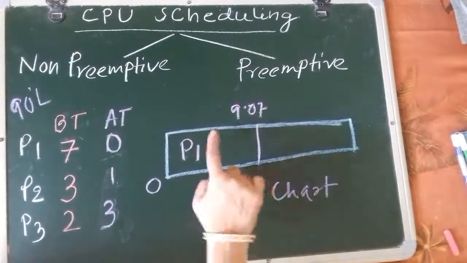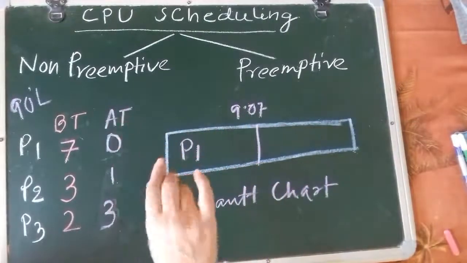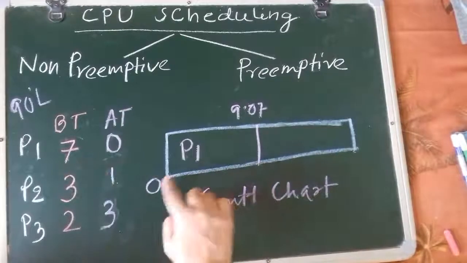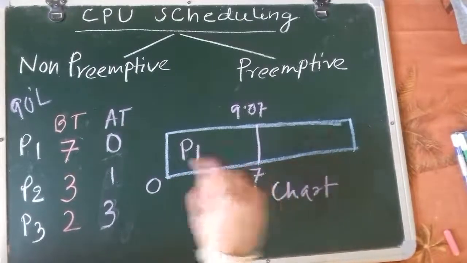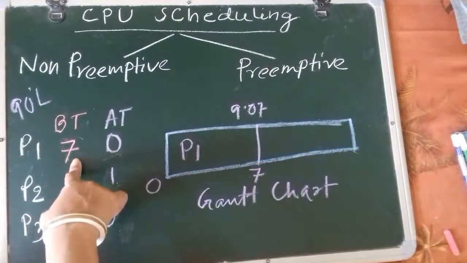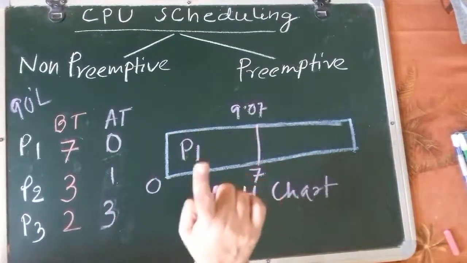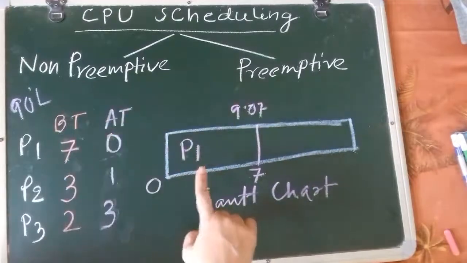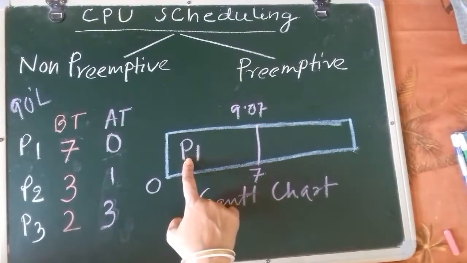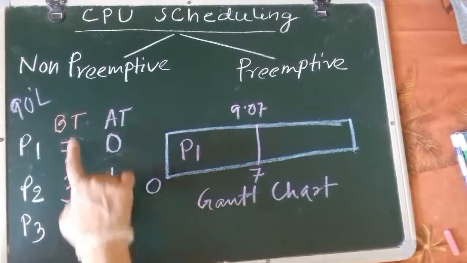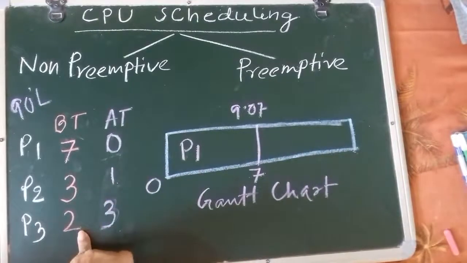For the first video, for your understanding, I am writing the time. So 0 to 7, P1 is completely executed as it is non-preemptive. We cannot take the CPU away from P1 even though the next process's burst time, or the one after it, is less.